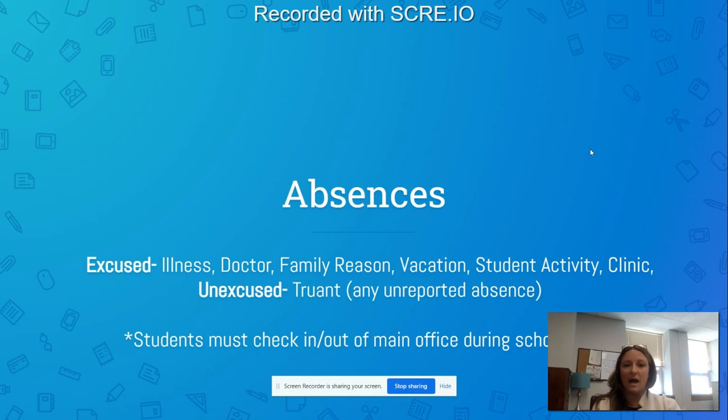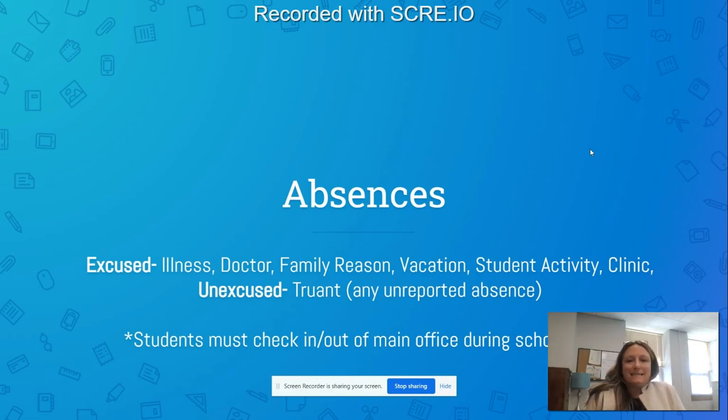An unexcused absence goes along with the idea of truancy, and it is any unreported absence. As the reminder on the bottom says, students must check in and out of school in the main office.